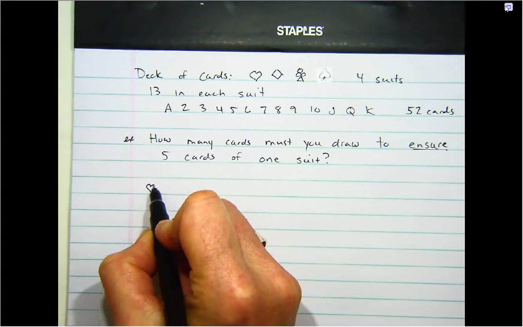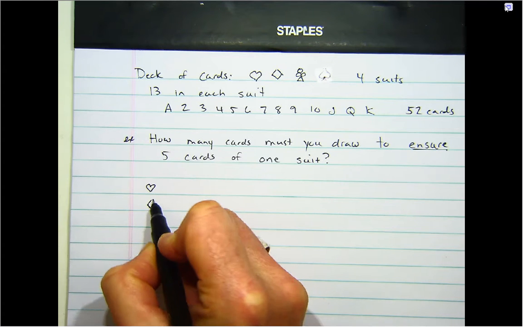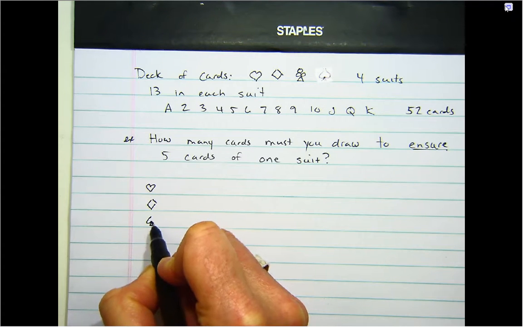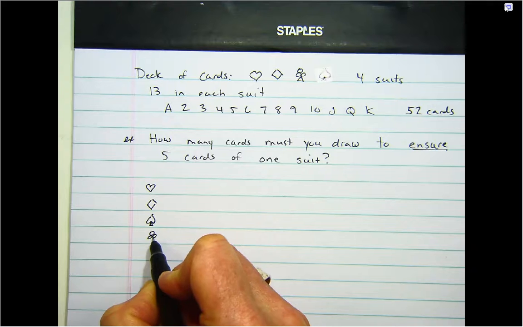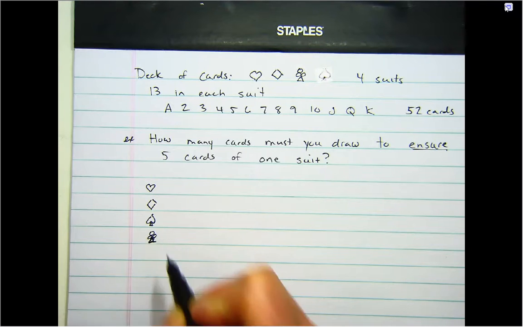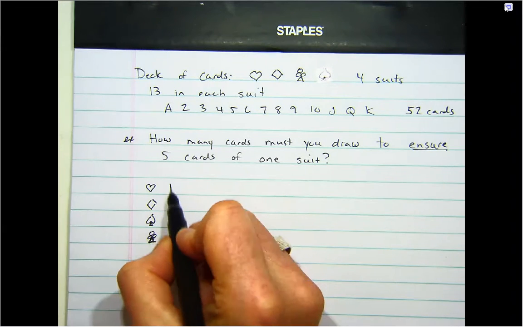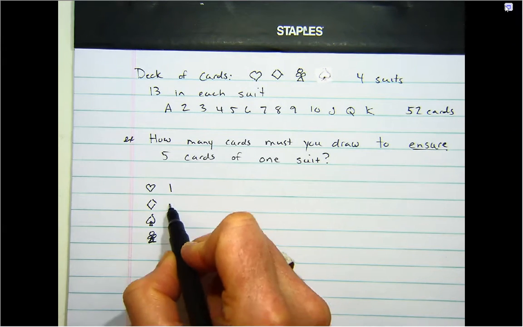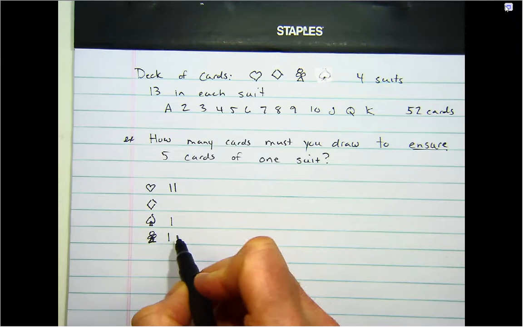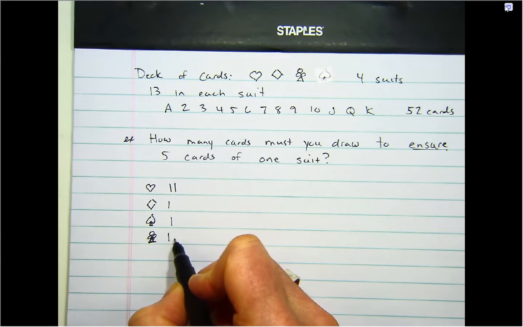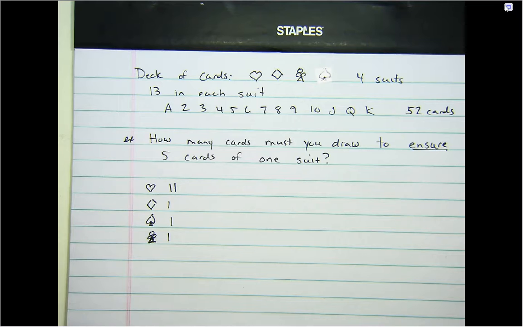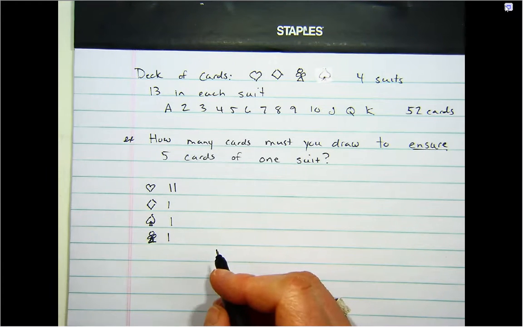Okay, so suppose you're drawing hearts or diamonds or spades or clubs. And we keep not getting 5 cards of one suit. So maybe you get a heart, and then a spade, then another heart, then a club, then a diamond. How long can you go on doing this before you have to get 5 cards of one suit?